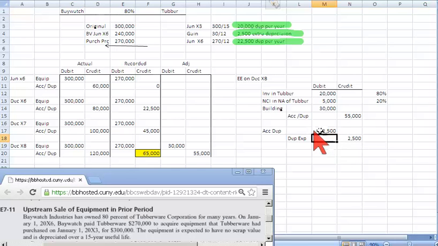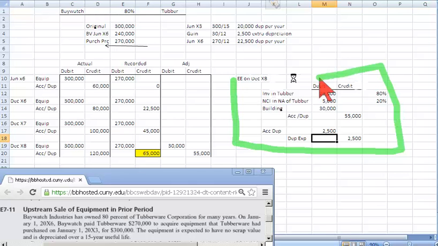Now this is what I adjusted here when I had removed 2,500 from 67,500 earlier. And that gives us our elimination entry. Any questions? Feel free to call me.